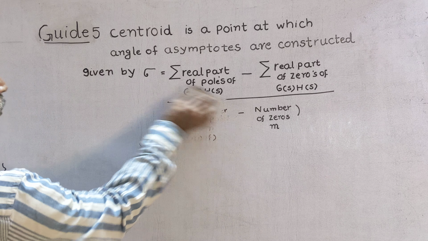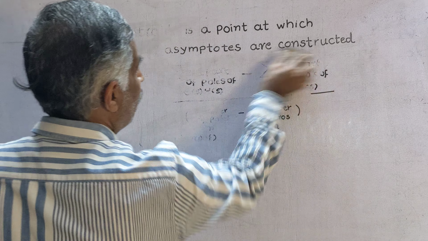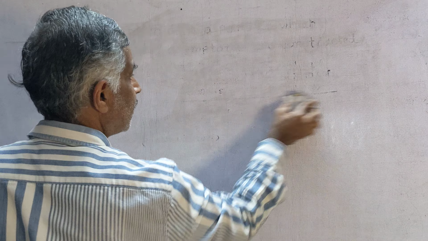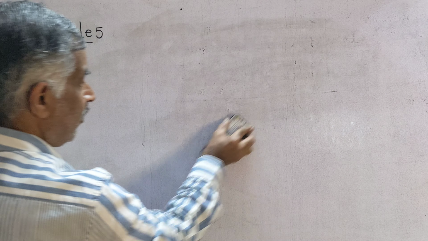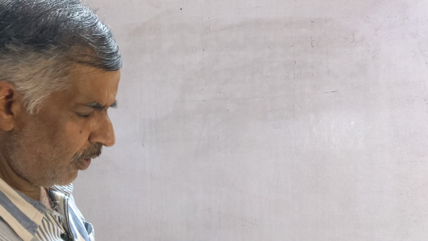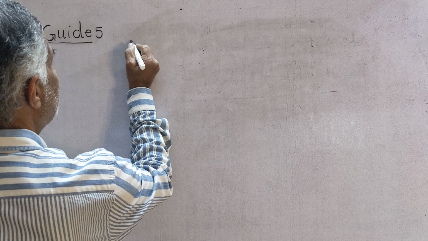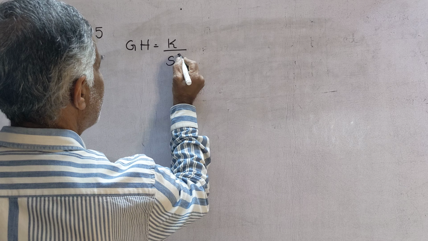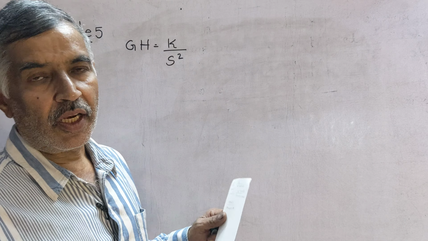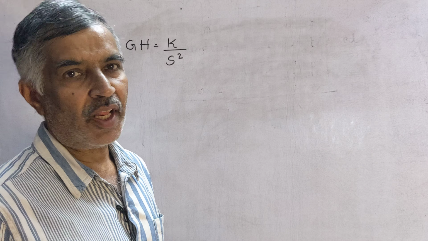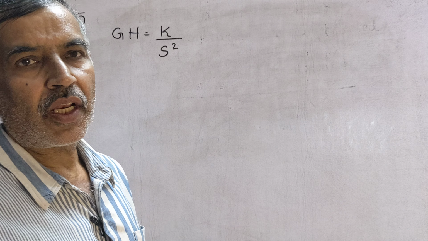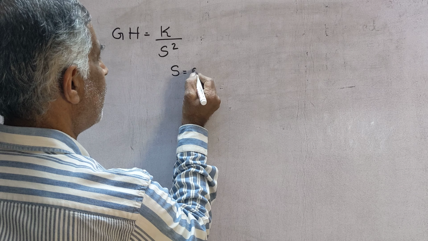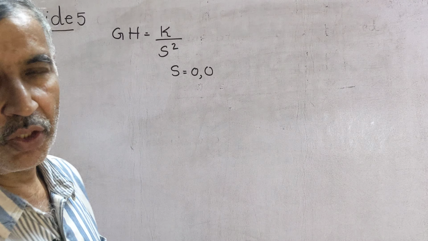Now I will work out a few problems. First problem. G(s)H(s) equals K by S square. As there are two poles, no zeros, therefore two branches terminate at infinity. So we know how to calculate the angle of asymptotes. And here the poles are at 0 and 0.